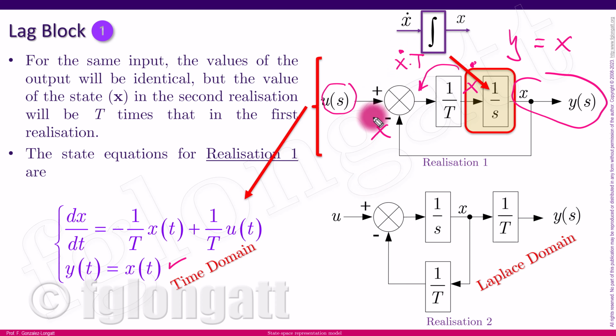If we look at this equation from this addition point, we will have u minus x is equal to T multiplied by x dot.